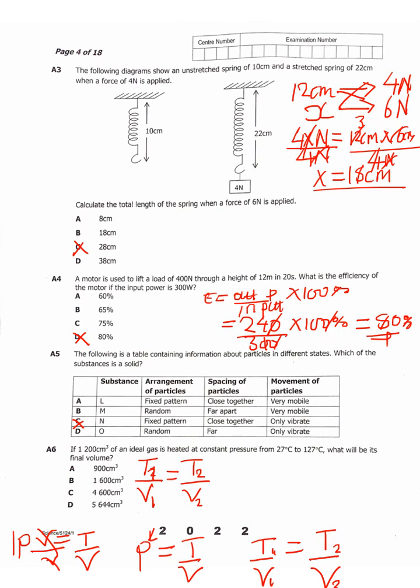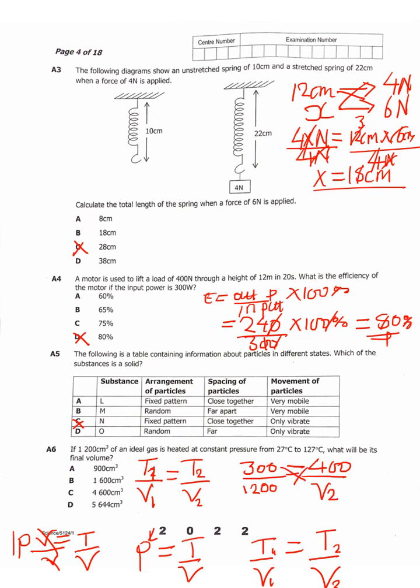Temperature must be in Kelvin whenever you are dealing with the gas laws, so we convert 27 into kelvins by adding 273. 27 plus 273 gives 300, over volume 1, which is 1200, equal to temperature 2. 127 plus 273 is 400, over volume 2, which we are looking for.